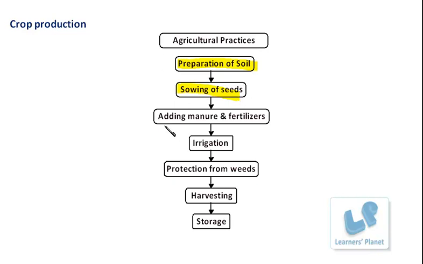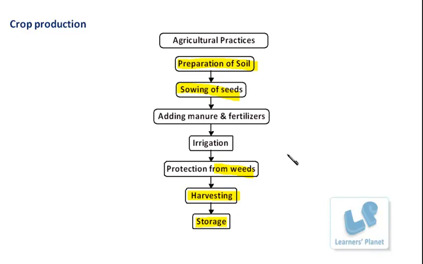Then the next step is the addition of manure and fertilizers, further irrigation, then a protection step is taken so as to protect the fields or the crop from the weeds. Right? After that, when the plants are grown well enough and the product is produced properly, the next step is harvesting, and then the harvested crop is stored properly. So these are the steps which are followed in the agricultural fields.